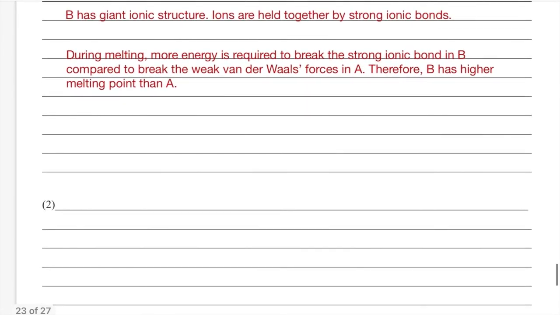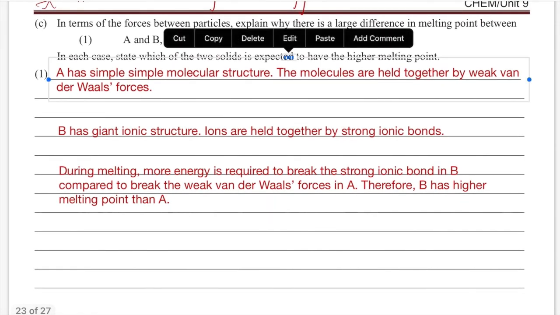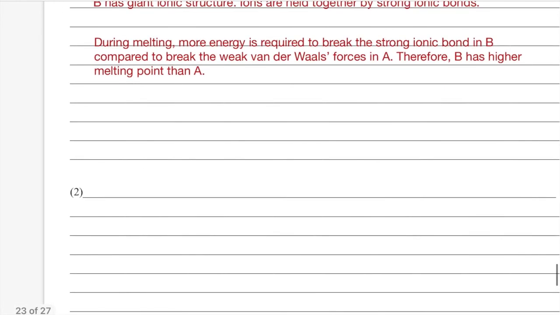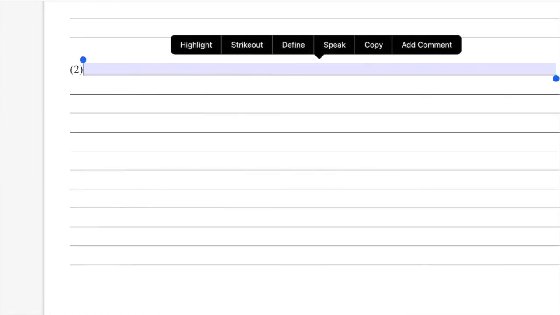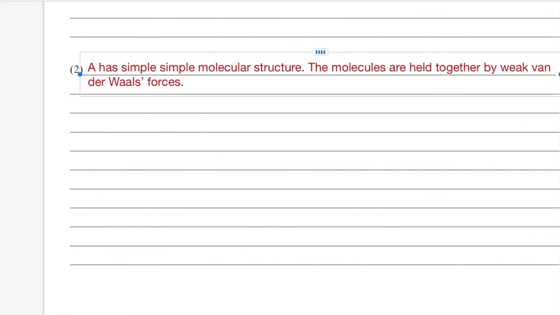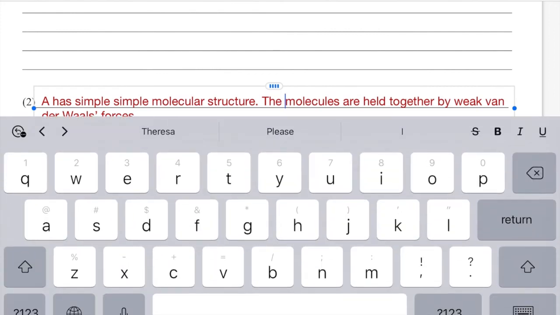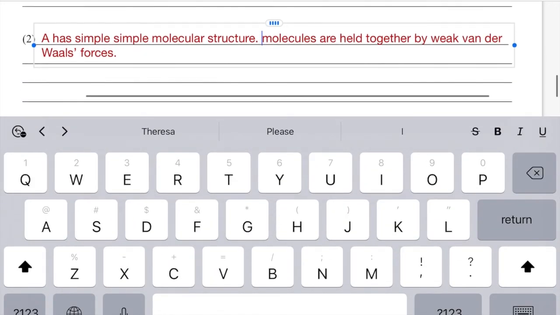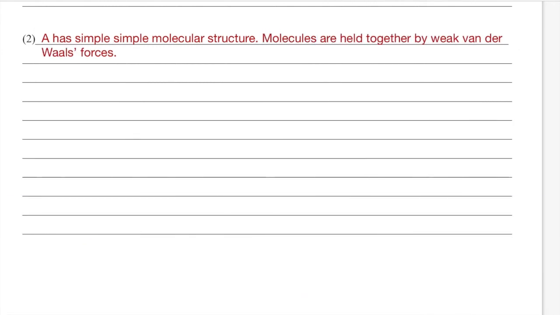So again, we are going to comment on the structure. So for A, it's going to be the same. So we can select that and then copy to here. Okay, A has simple molecular structure. The molecules are held together by weak van der Waals forces.